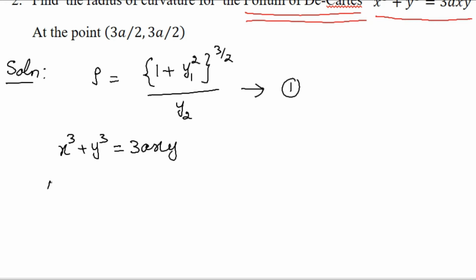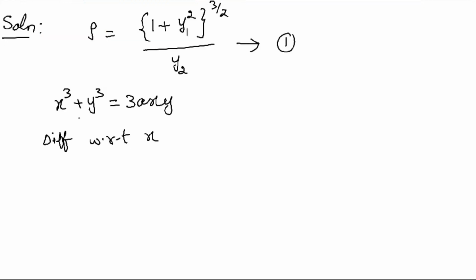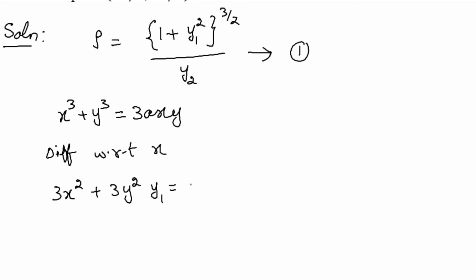So we'll try to differentiate this with respect to x. So x cube differentiation will be 3x square plus y cube differentiation will be 3y square into differentiation of y will be y1. On the right hand side we have 3a into, because x and y both are variable, I have to use the product rule here.